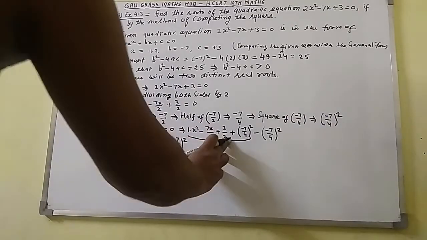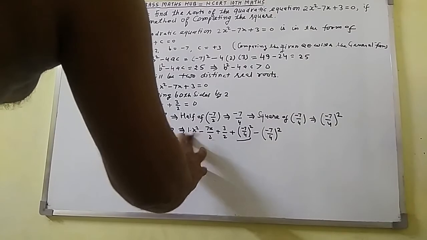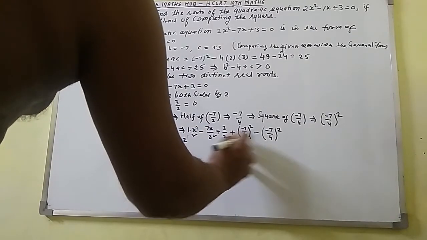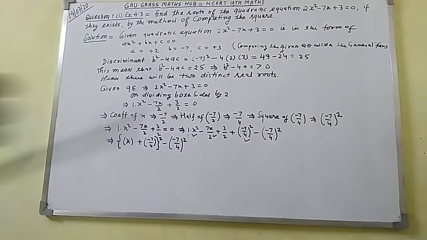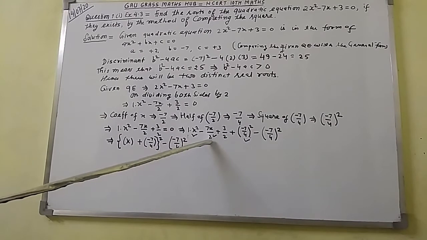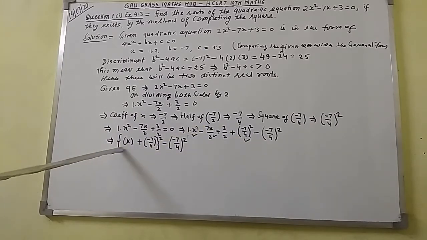This term will not be taken. Only 3 terms you can see: x square minus 7x over 2 and minus 7/4 whole square. Only 3 terms you will take. You can write like this.